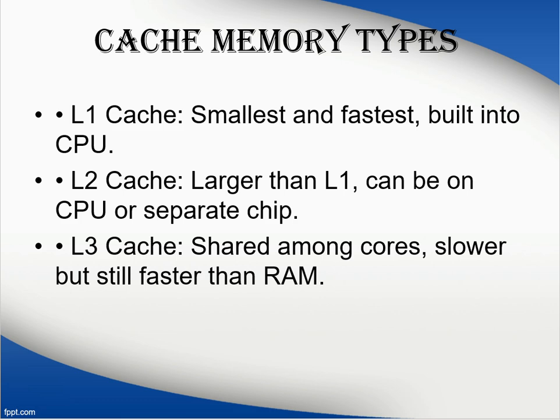For the level 3 cache, it is specialized memory developed to improve the performance of the level 1 and the level 2 cache. So the level 1 and the level 2 cache can be significantly faster than the level 3, though level 3 is usually double the speed of the DRAM.